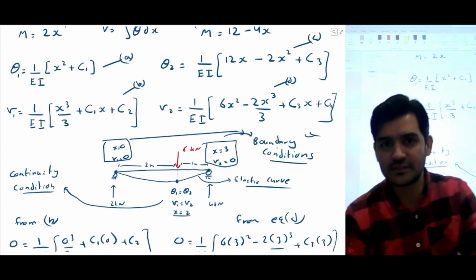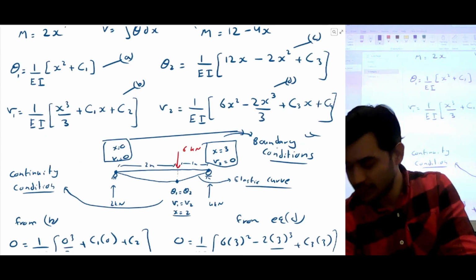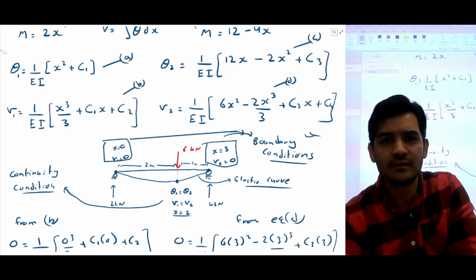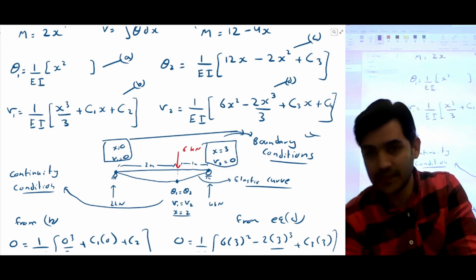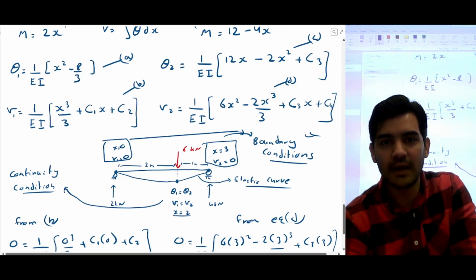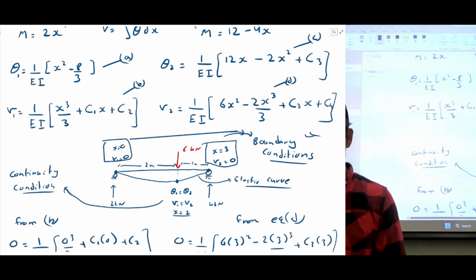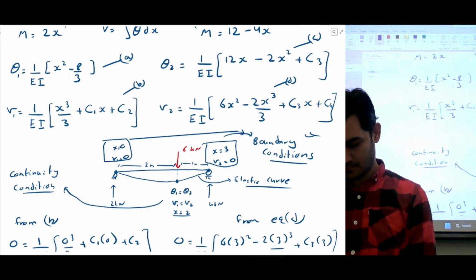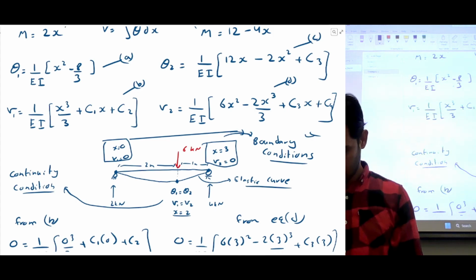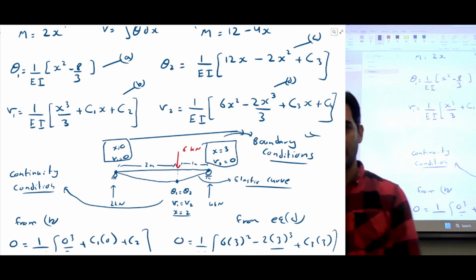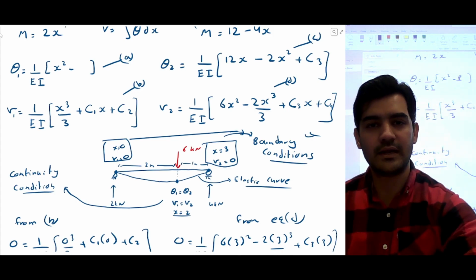Your final equations. So C1 is minus 8 by 3. Or I can just write down below.